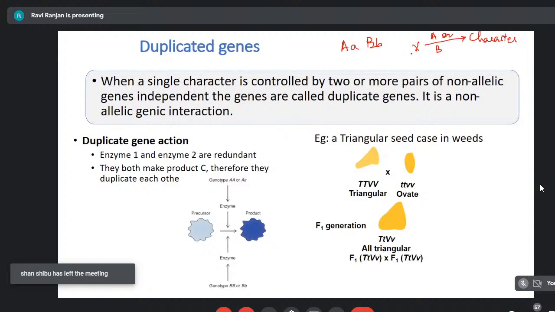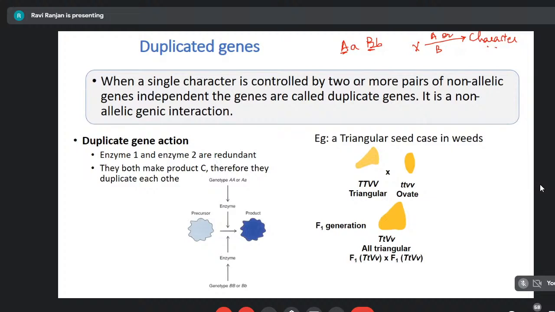The product of B may convert X into the character, and the product of A also may convert X into the character. So the presence of either A or B will express the same character. If both are present, then also that character will be produced.